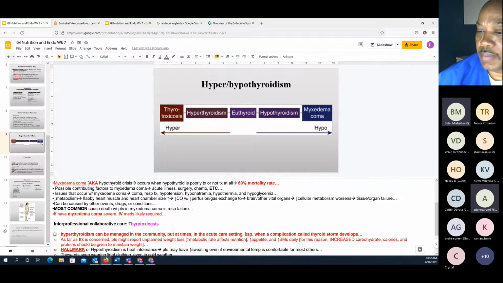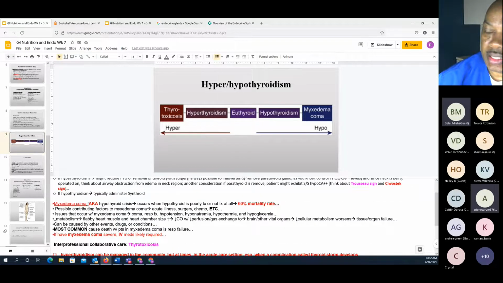So again, as I mentioned, with myxedema coma, which is the first complication to speak of, or hyperthyroid crisis. When these patients are poorly treated, or they're not treated at all, then the mortality rate, look at that, 60% mortality rate. That's pretty significant.